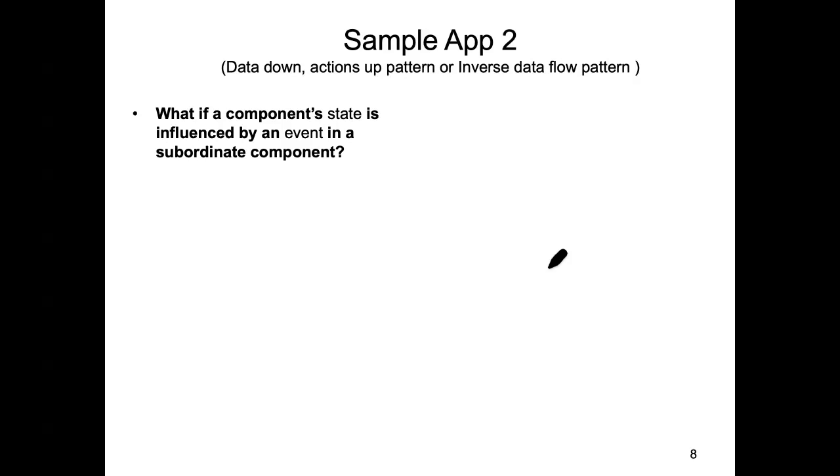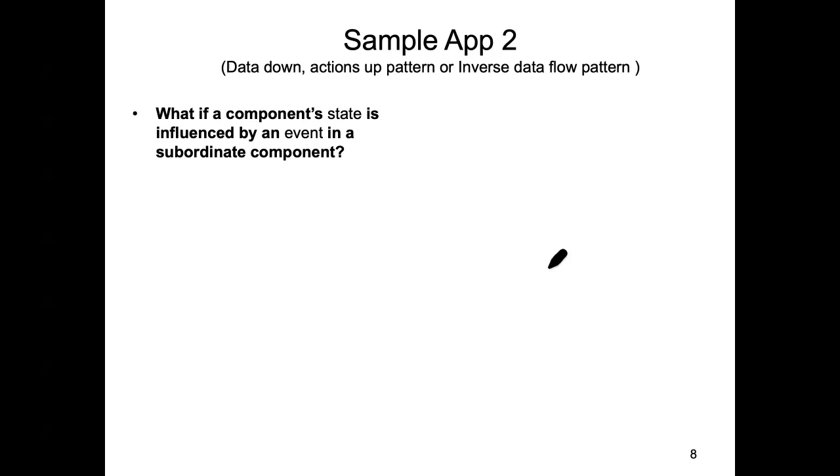It's the component that's going to have the event handler, whether it's the user clicking a button or entering something in a text box or moving the mouse. That event is being caught by a subordinate component, and it needs to tell the stateful component, which is higher up in the component hierarchy, that it should change its state variable value. And of course, that will trigger the re-rendering, etc.